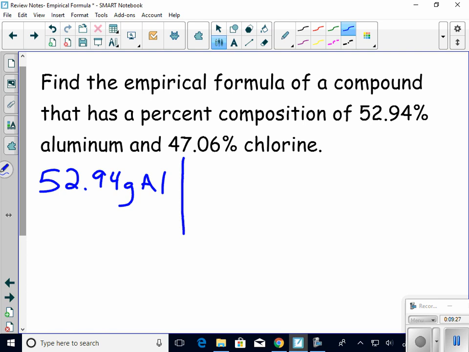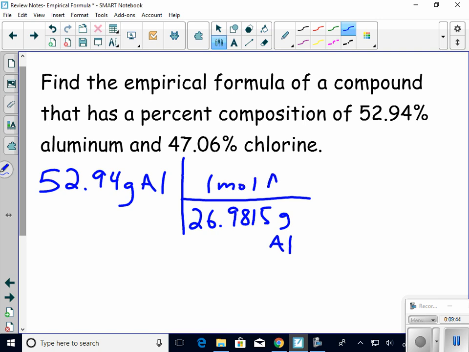So I need to, once again, convert this into moles. I'm going to flux capacitor my aluminum into moles. 26.9815 grams of aluminum is 1 mole of aluminum. My grams do indeed cancel. It's going to leave me with an answer that is in moles.